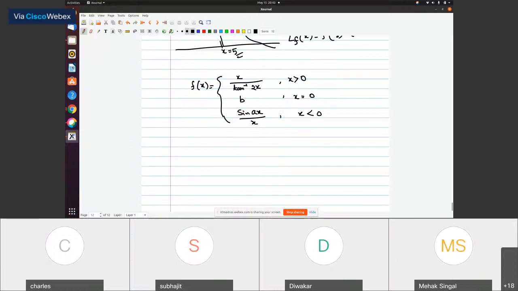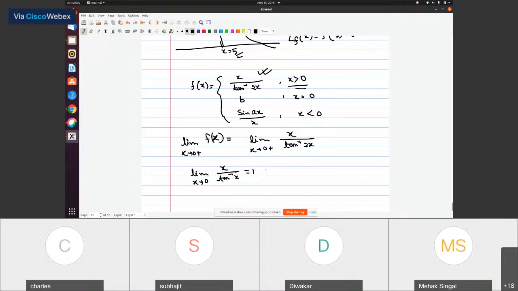So when I am approaching from the right-hand side of 0, that is x is positive, then what will be the function? When x is positive, the function is this piece, right? So what will be this limit? I have to calculate, right? The hint is given about this: limit x tends to 0 of x by tan inverse x. It is given as 1.